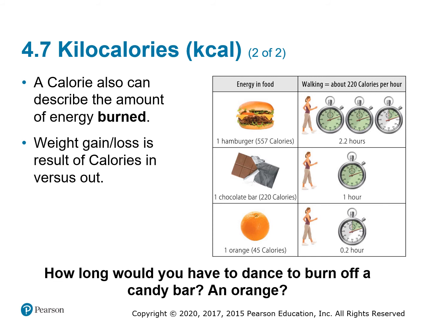If you have a chocolate bar, that takes about 1 hour of walking to use up those calories. And 1 orange, about 0.2. So weight gain or loss is the result of calories in versus calories out.